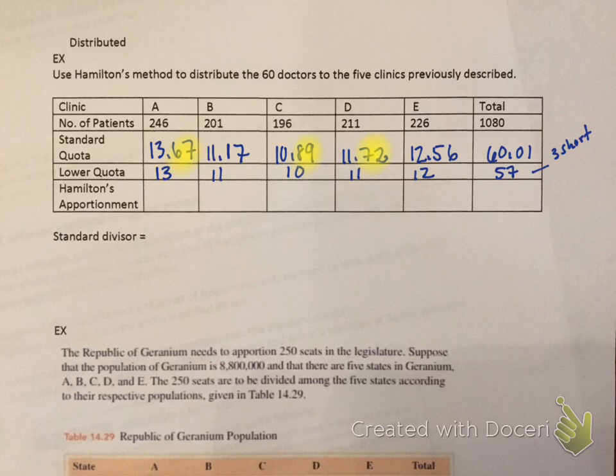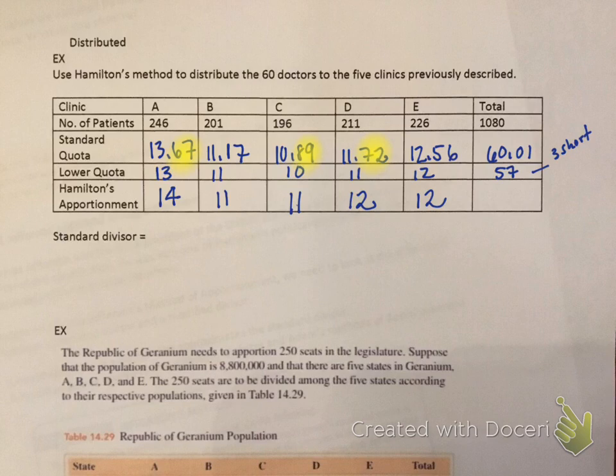Instead of 13, I'm going to give A 1 more, so they have 14. Instead of 10 for clinic C, I'm going to give them 1 more, so they have 11. Instead of 11 for clinic D, I'm going to give them 1 more, so they have 12. The other 2, B and E, I'm going to leave alone.